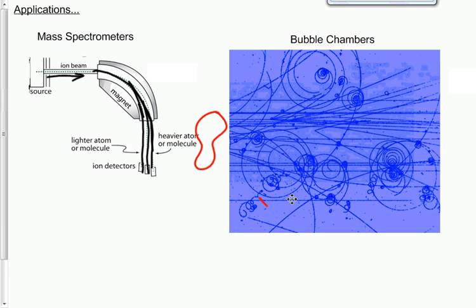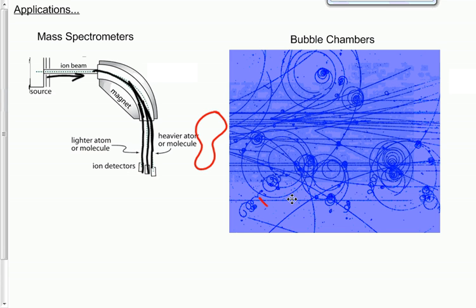So first of all, why would they be curling in different directions? Well, it's because they're different sign charges. One would be positive, one would be negative. If you knew the direction of the magnetic field, you could actually tell the sign of the charge of the particle. Furthermore, if you knew the strength of the magnetic field, and the radius of that curve, you could get a measurement of the charge to mass ratio of that particle.